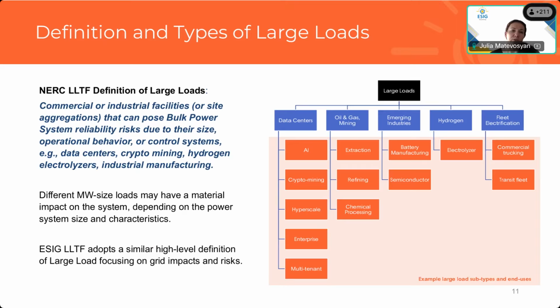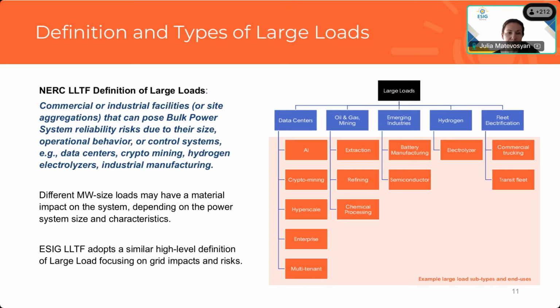A 75 megawatt load was named as more commonly considered a large load, but NERC actually limited itself to a higher-level definition, saying that these are commercial and industrial facilities that can pose bulk power system reliability risks due to their size, operational behavior, or control systems.